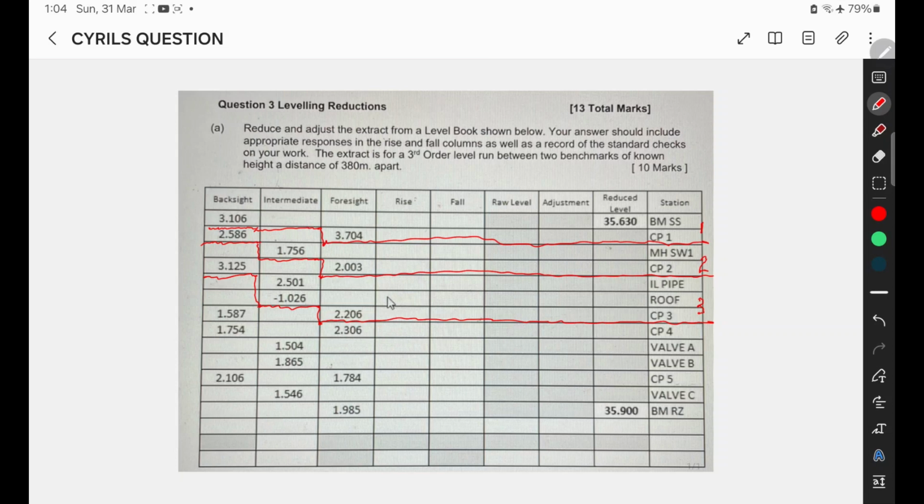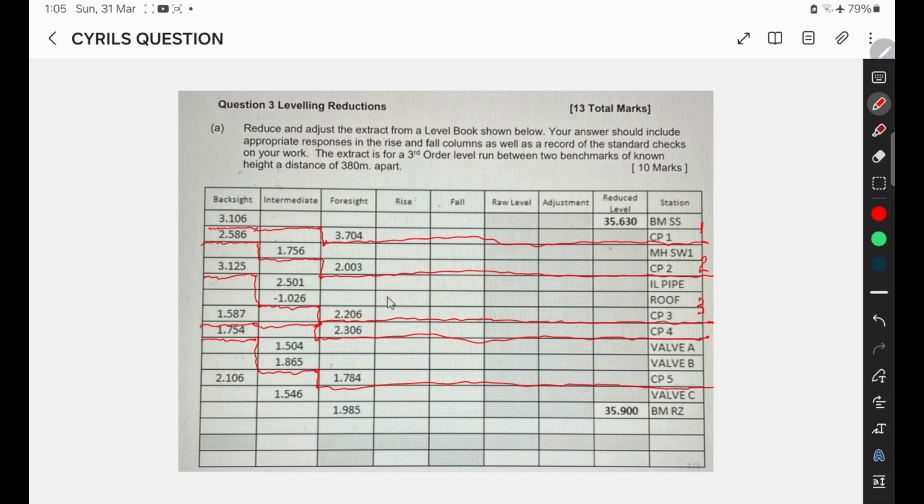Every backsight: 1, 2, 3, 4, 5, 6. Six backsights means six setups. So we've got this one here, comes through to there, down there and across. That's just a backsight and a foresight. Here's another backsight, drops down, two intermediates, and then a foresight.